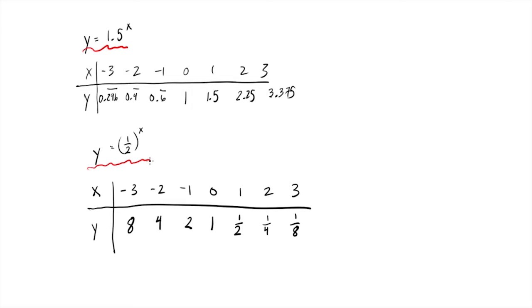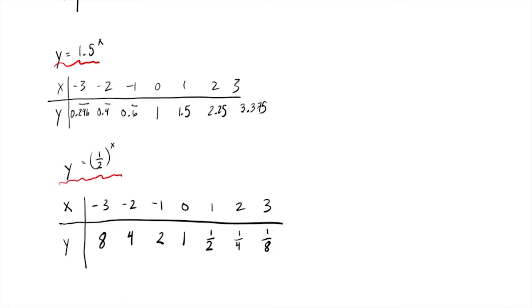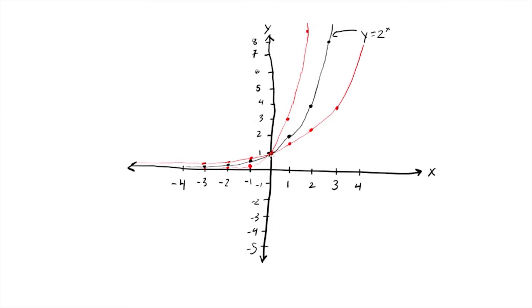So let's graph this on the same graph. y equals 1/2 to the x. So again, we see that it is crossing where y equals 1. When x is 1, y is 1/2. x is 2, 1/4. x is 3, 1/8.